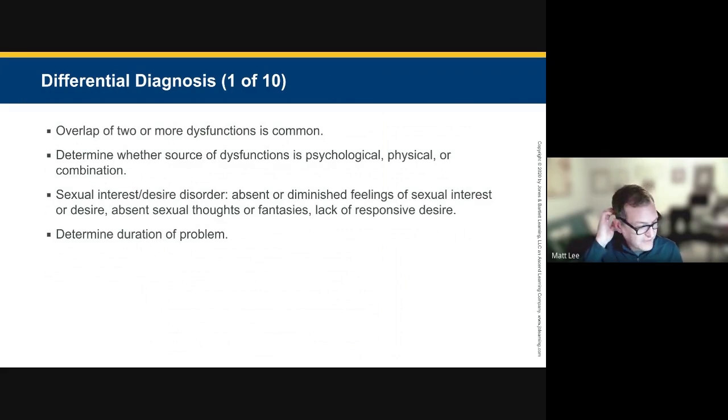We're going to talk about these desire, arousal, orgasmic, and pain dysfunctions. Certainly they can overlap, not uncommon. A good example is desire, libido issues, and pain. If something hurts me, I don't want to do it. That makes pretty good sense. If my foot hurts when I run, I don't want to run.